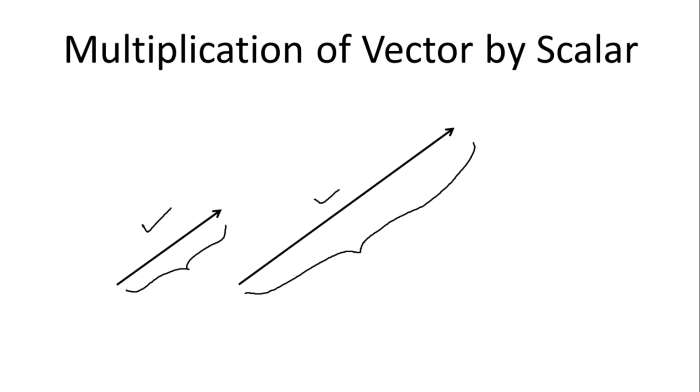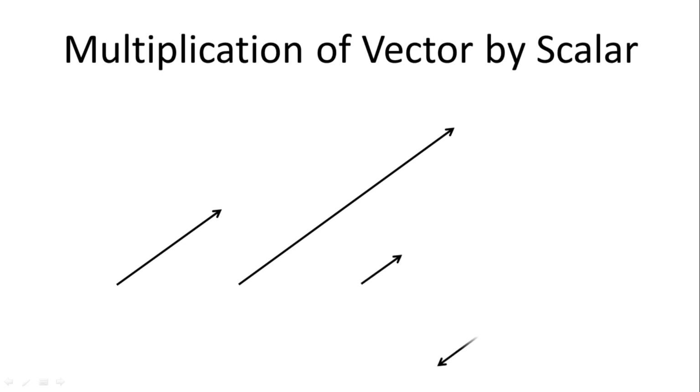Now on the other hand, if the scalar multiplicand has a negative value, along with the change in the original magnitude, there will be a reversal of the direction of the original vector. So here is the case that I am explaining. See, the magnitude you can compare to the earlier one, but the direction has reversed because of the negative scalar multiplicand selected for the multiplication.